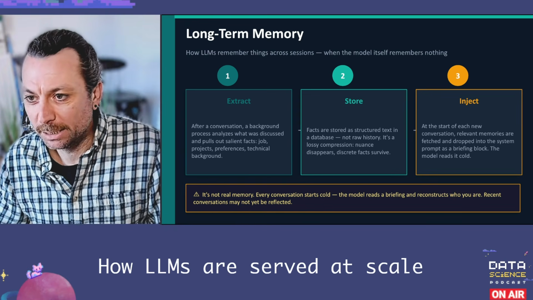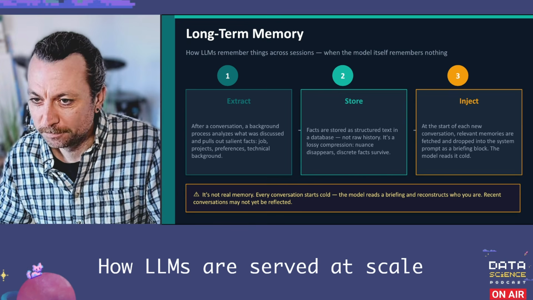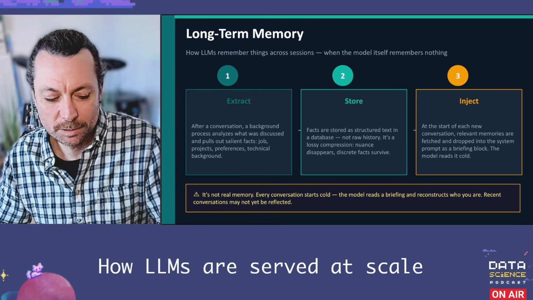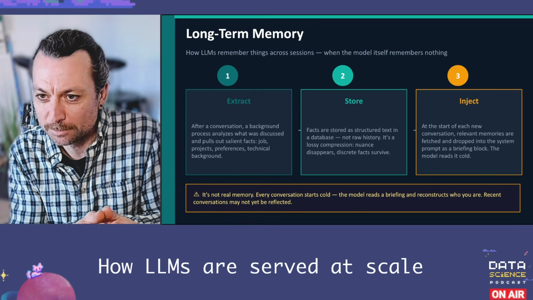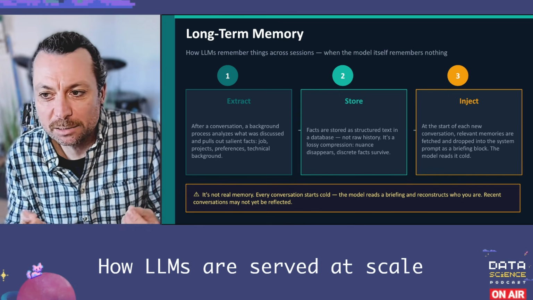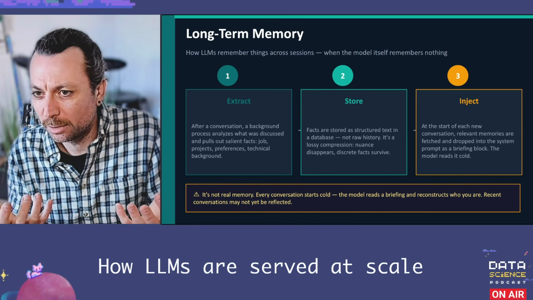What is happening is that after any conversation, there is typically a background process that analyzes that conversation, analyzes what was discussed, and pulls out what we call the salient facts, right? The important stuff.